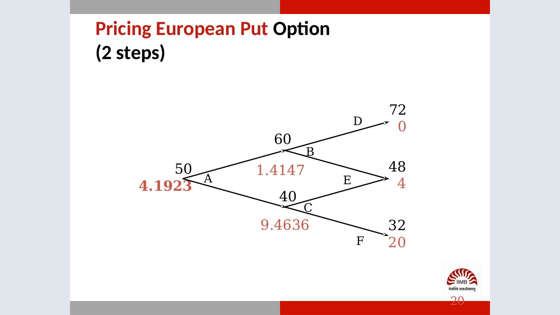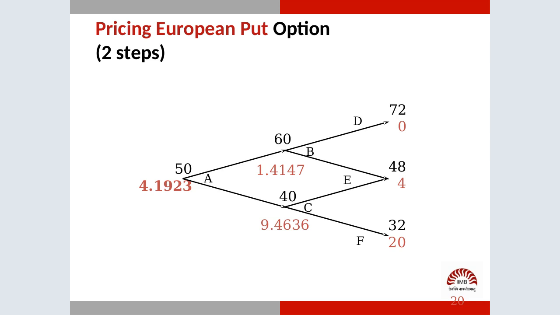I've just calculated, into how much is the payoff? 4. Right? Into EXP minus R is 5%, 0.5 into T is 1.